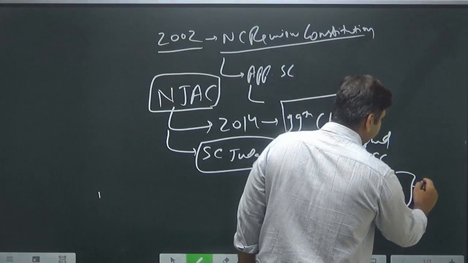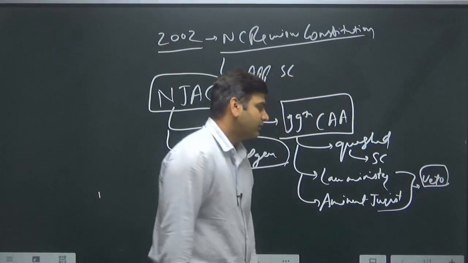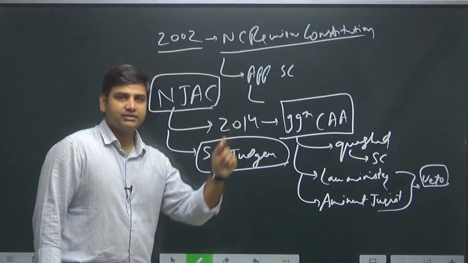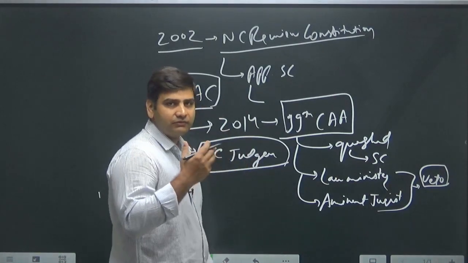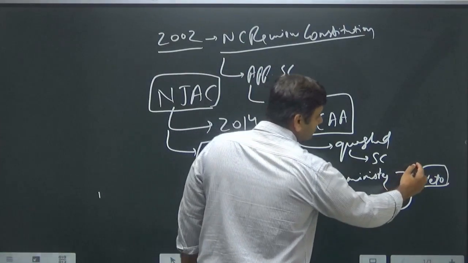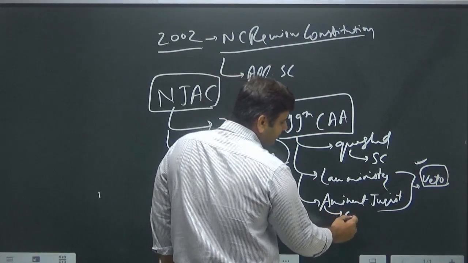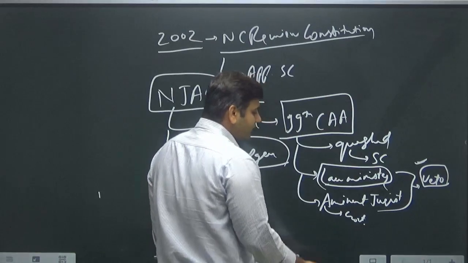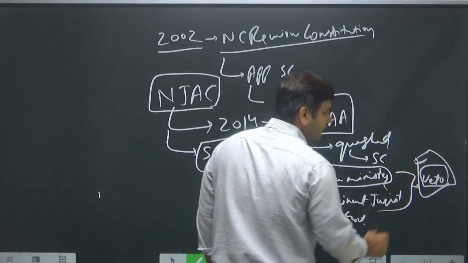That simply means without their green signal, the person will not be appointed as a judge of the Supreme Court. Somebody's name can be forwarded or somebody's name can be taken down. It gave the veto power. That simply means this eminent jurist was to be appointed by the government, and the law minister is also part of the government. So it gave a sort of veto power to the government.